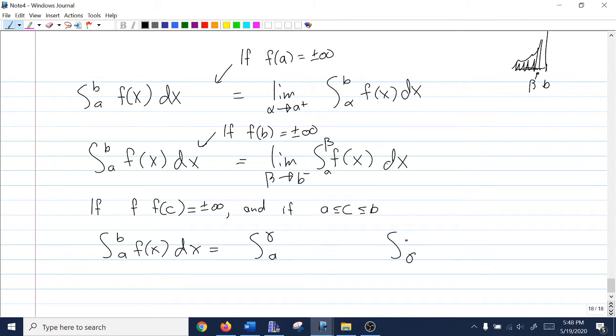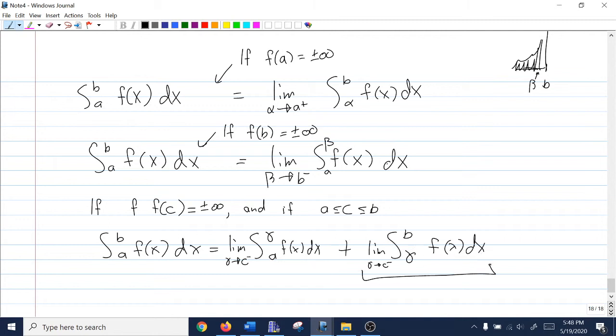This gamma is a Greek c. I need to let gamma approach c from the left, and here let gamma approach c from the right. Here integrate f of x dx, plus here integrate f of x dx.